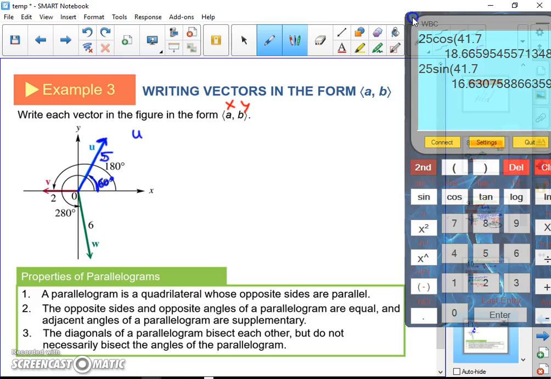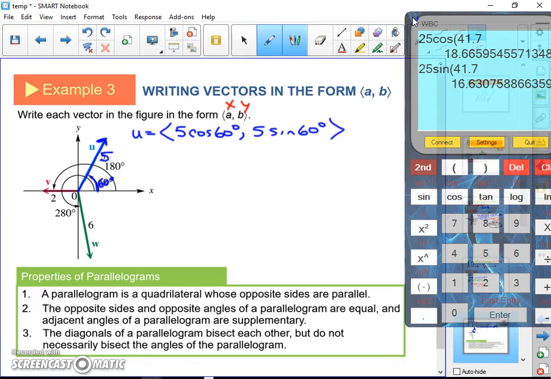So vector u would equal, okay, let's look at the x component. It's going to be magnitude times cosine of the angle. And then the y component, or the vertical component, would be 5 times sine of that angle. So we can use a calculator maybe, but those numbers are in the chart, so let's use the chart.